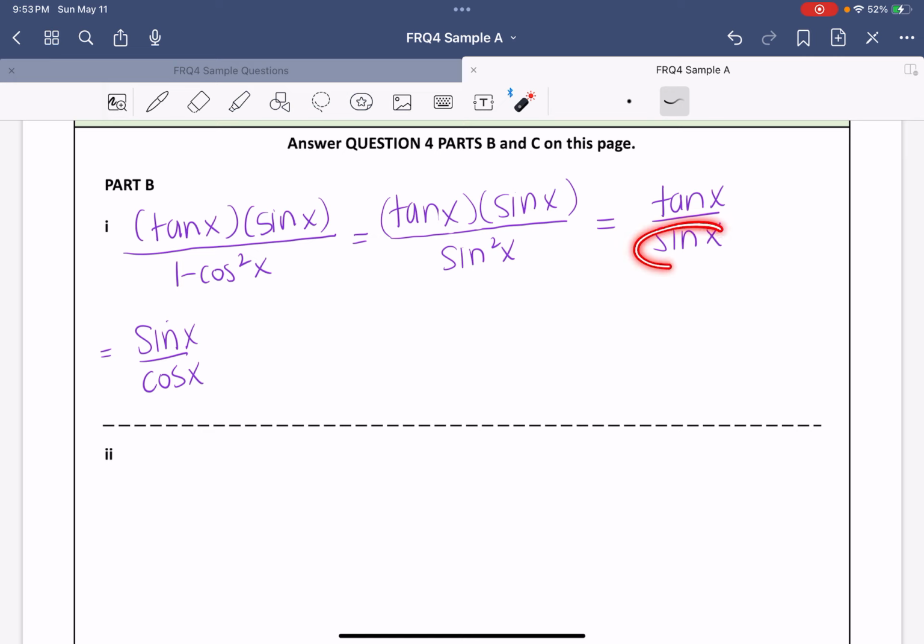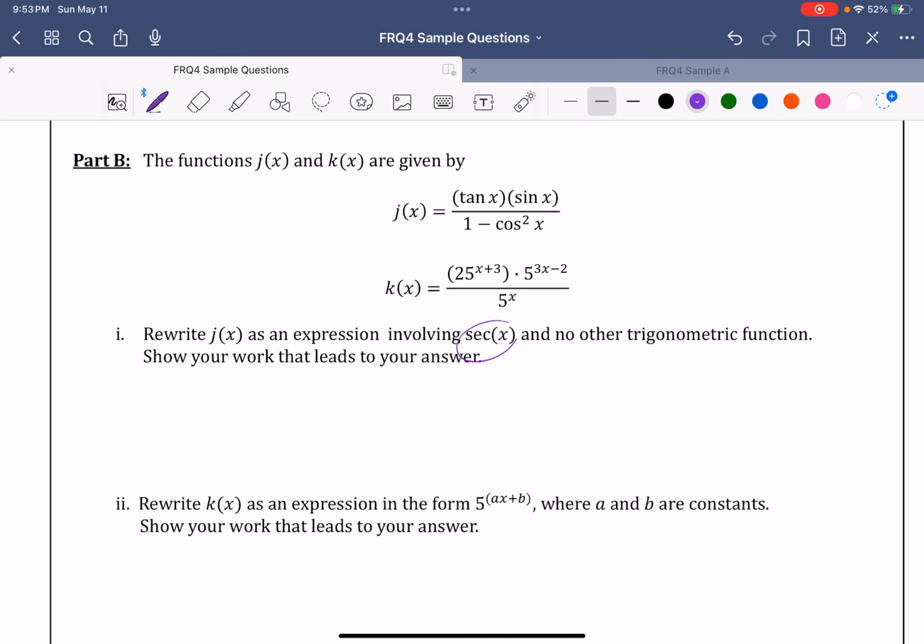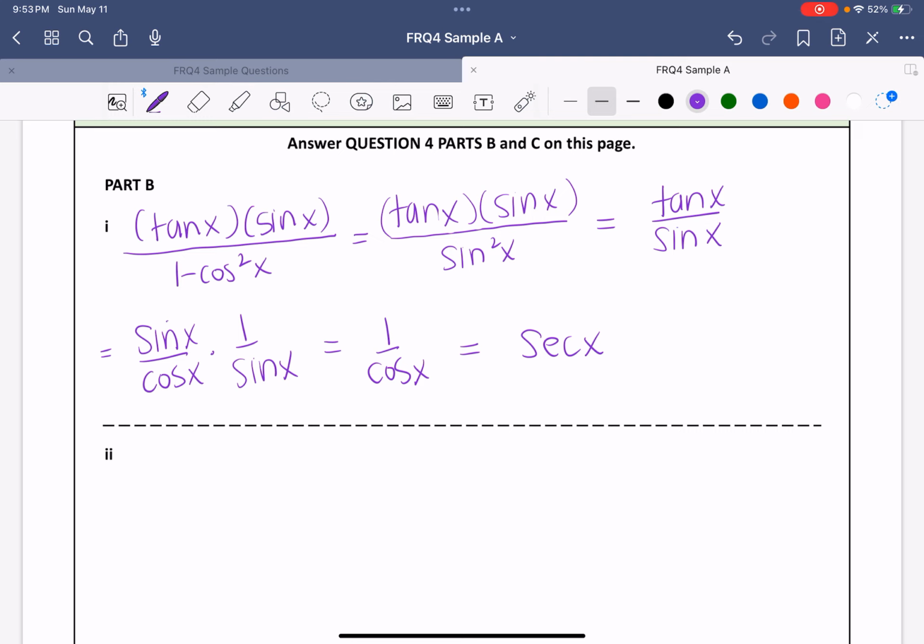And then this sine, since it's at the bottom, you can think of this as like there's a times 1 here and a times 1 here. So we had tan over 1 and 1 over sine. Okay, and then now hopefully you can see that the sines get canceled. So this is 1 over cosine, which is secant. And that is what they wanted us to get to, secant x.